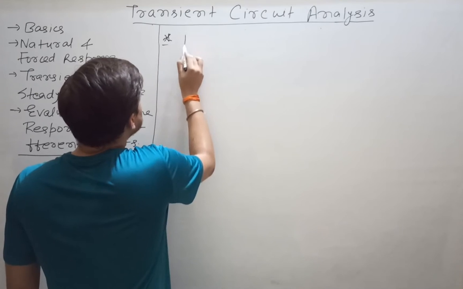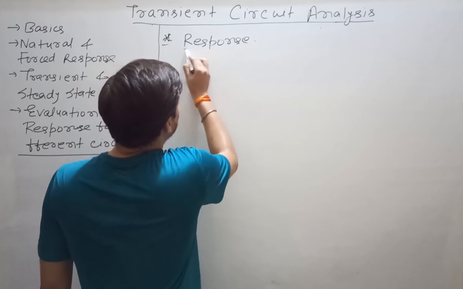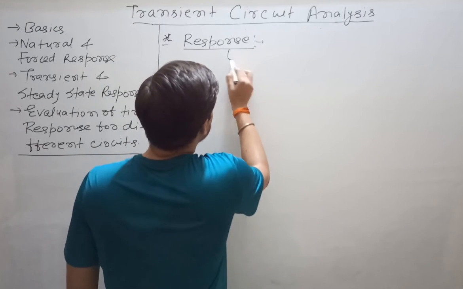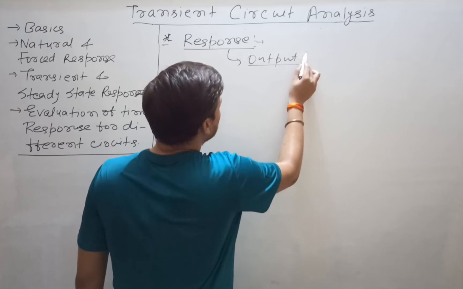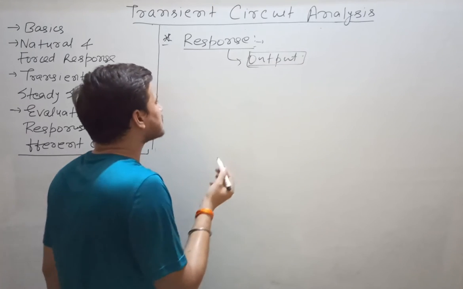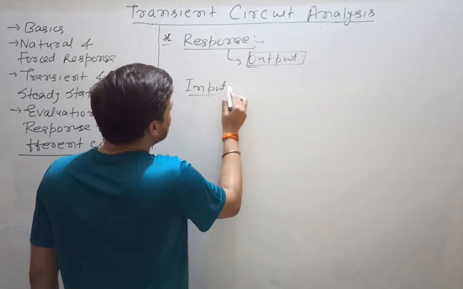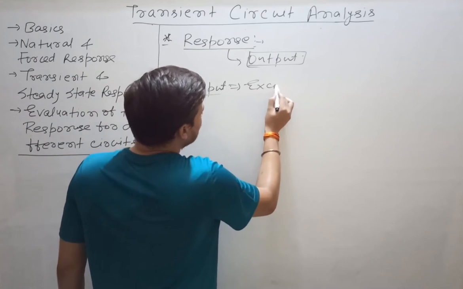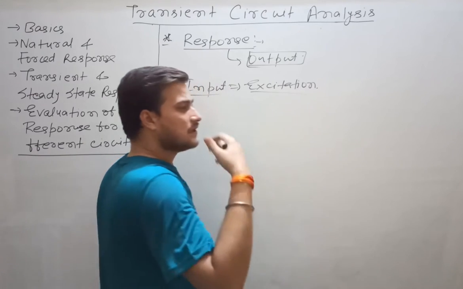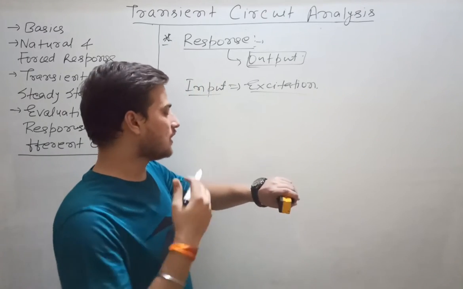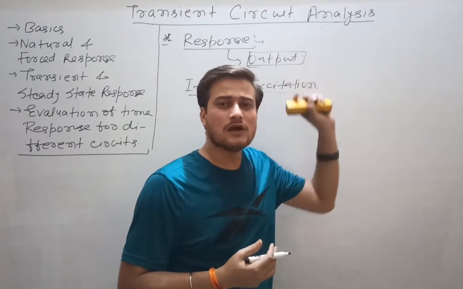First let us see what is the meaning of response. Response means nothing but output. If you are giving some input, the input is called excitation, that means you are exciting the circuit. And if you are getting some output, the output is called response.